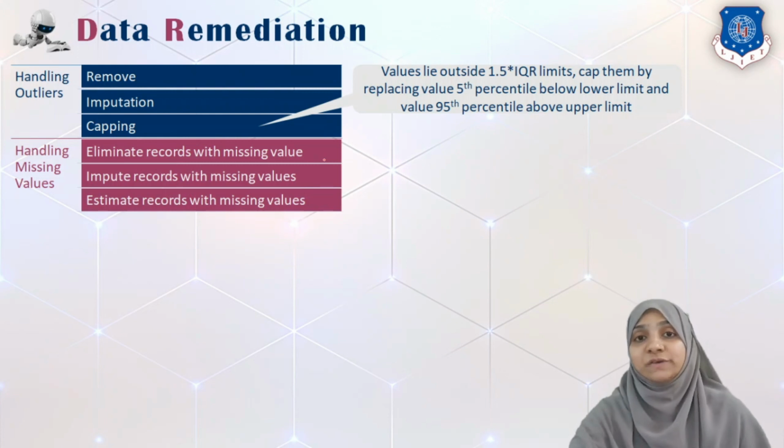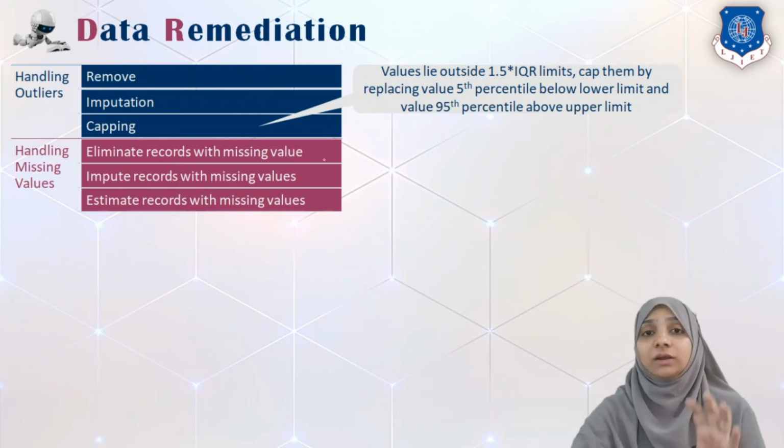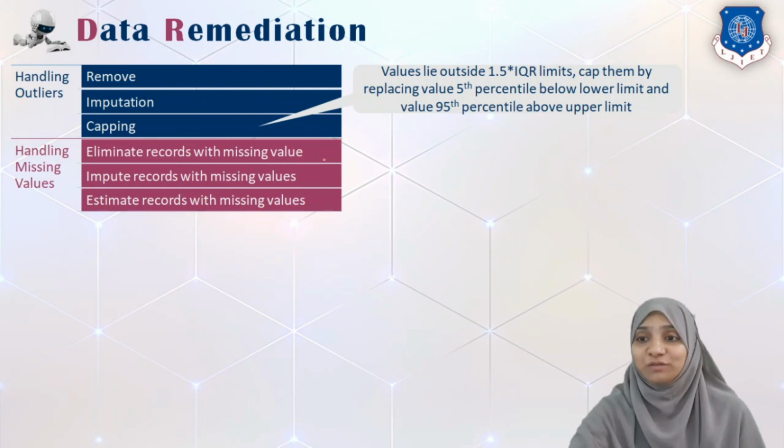Or third option, you can do capping. Now, what is capping? You have to prepare the interquartile range, the IQR, the one which we have seen in the box plot. Those box plots will help us to do capping. Any value which is an outlier, outside of 1.5 times the interquartile range, we replace by the 5th percentile as the lower limit and the 95th percentile as the upper limit.